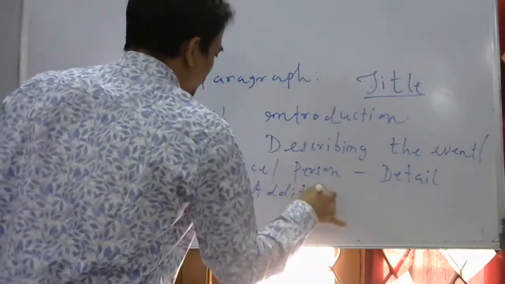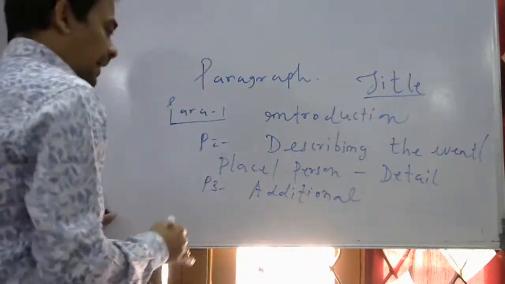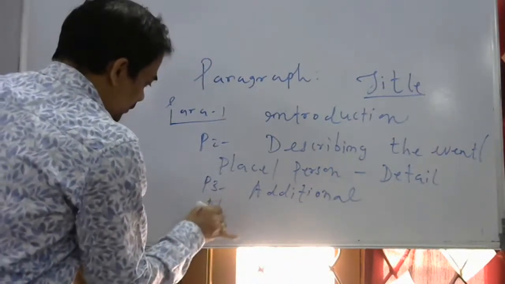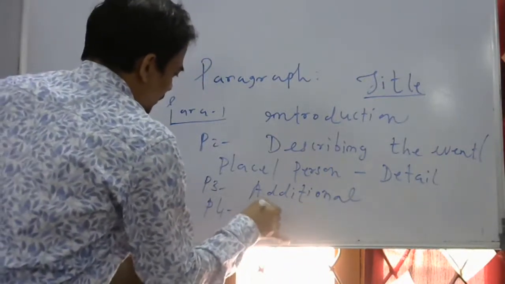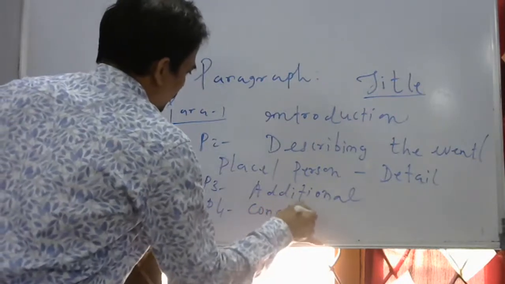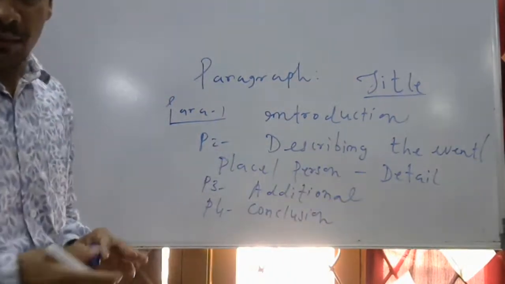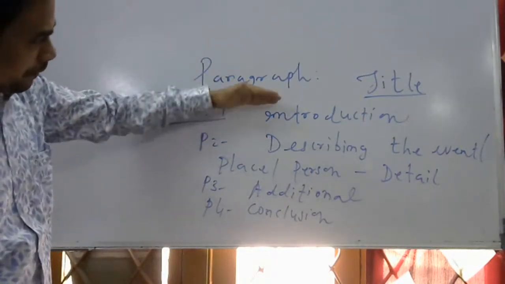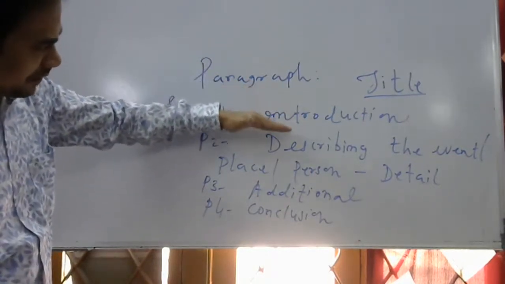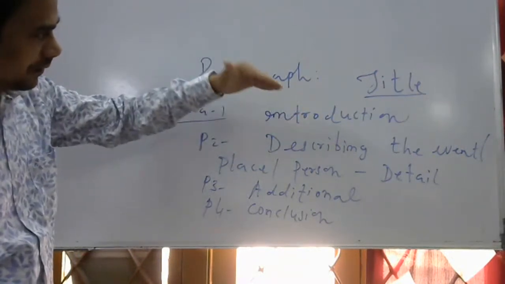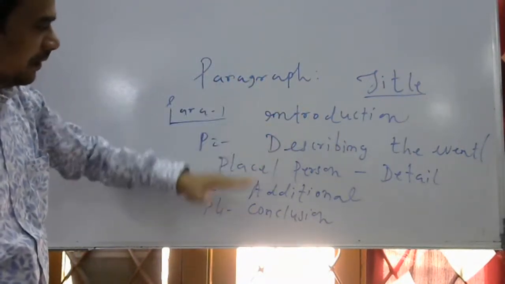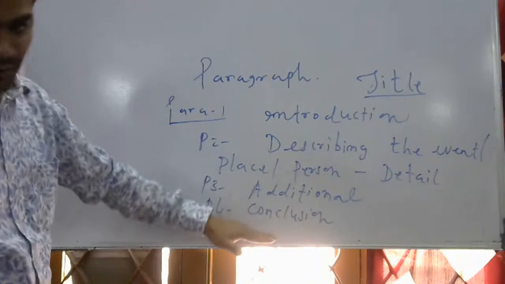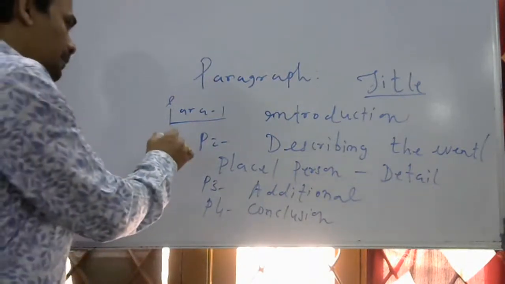And number four, the conclusion you are writing. These are all the points that you have to follow: introduction, then description of that particular event, place, or person in detail, then additional information, then conclusion. These steps you have to follow.